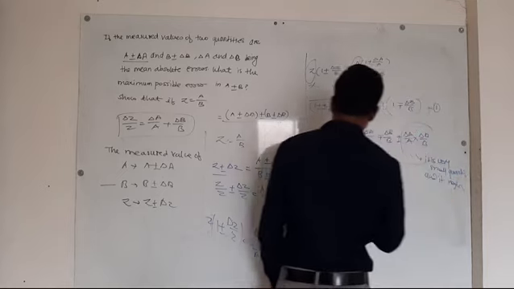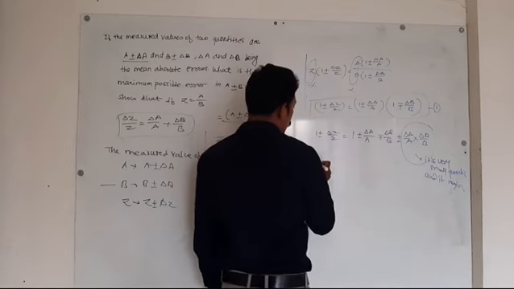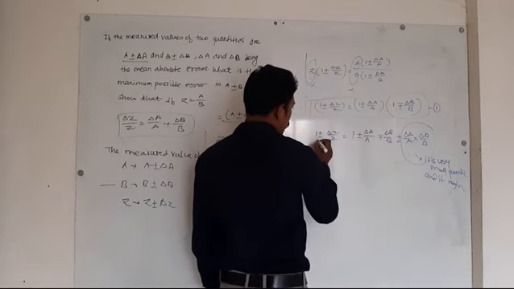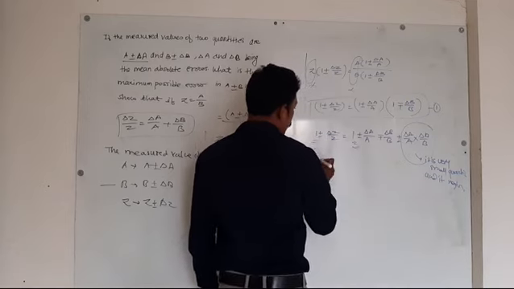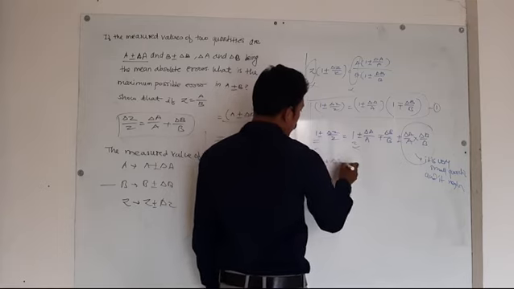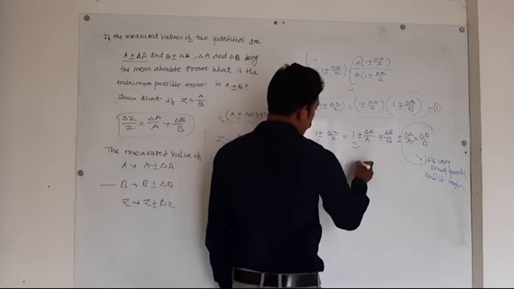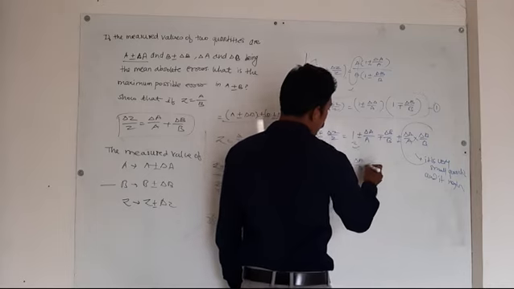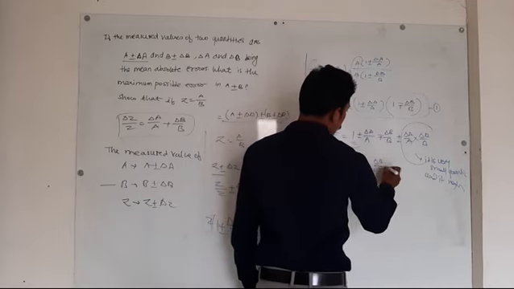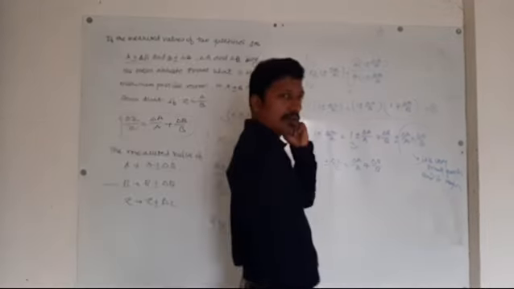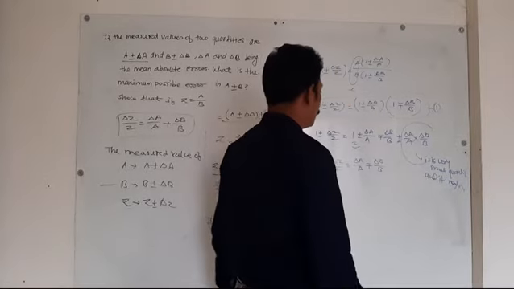Therefore the 1 again gets cancelled, and plus or minus delta Z upon Z is equal to delta A upon A minus or plus delta B upon B.